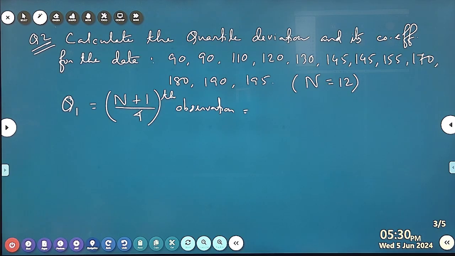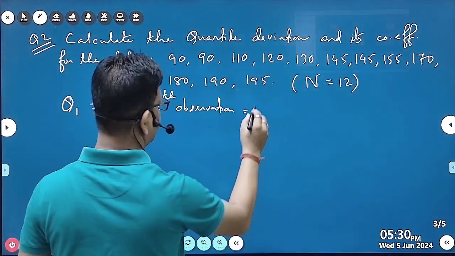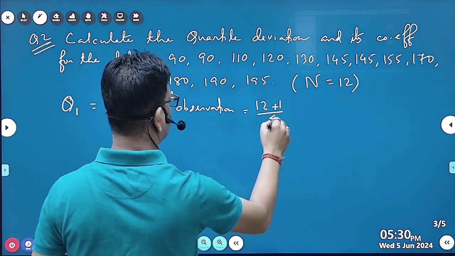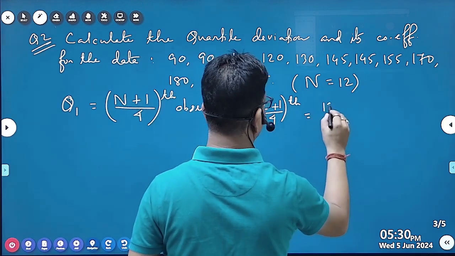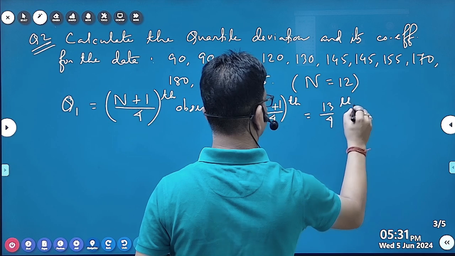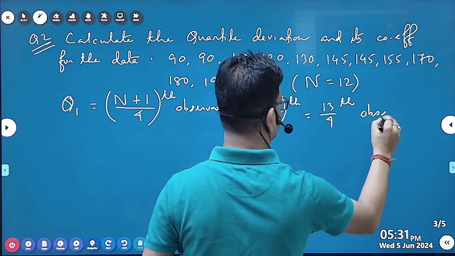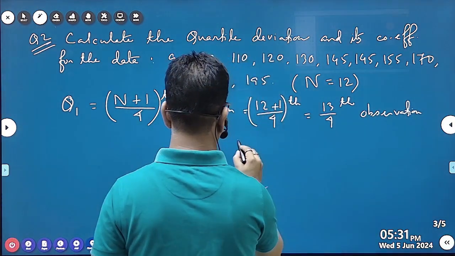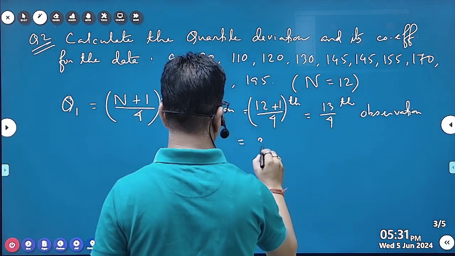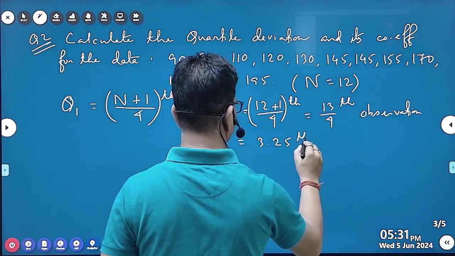So 12 plus 1 by 4, so it will be 13 by 4th observation. How much you got? 3.25. Okay. This observation.